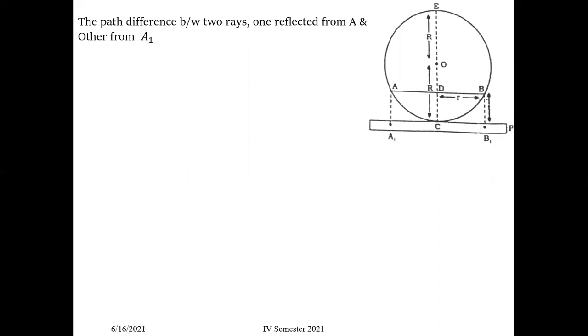What is the path difference between those two rays? That should be equal to 2nt cos theta, as discussed in the previous section, where theta is the angle of refraction.